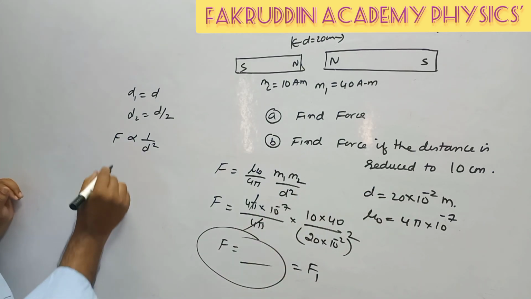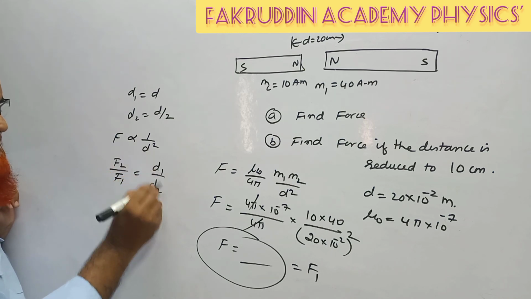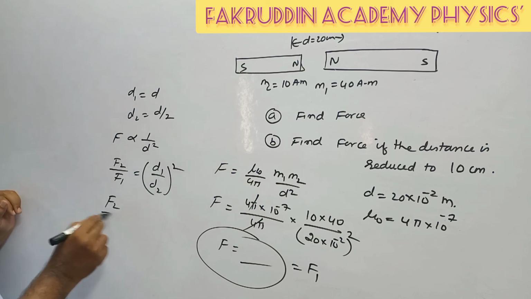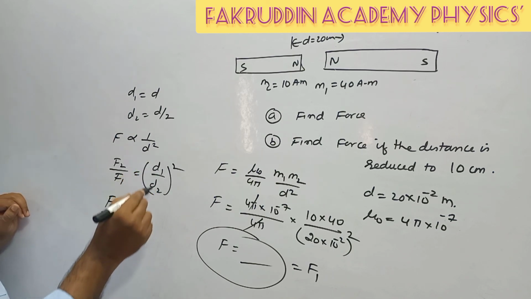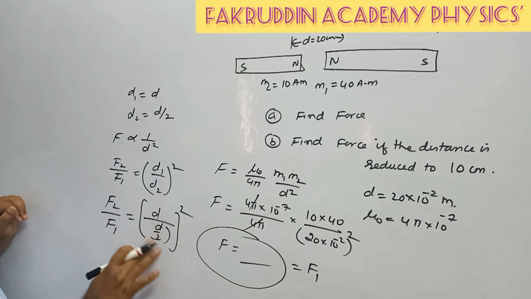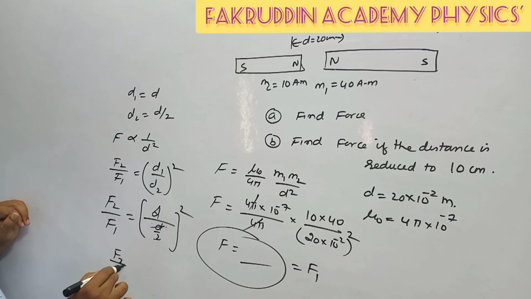So F2 by F1 is equal to d1 by d2 whole square, which is d by d by 2 whole square. F2 by F1 is equal to 4.